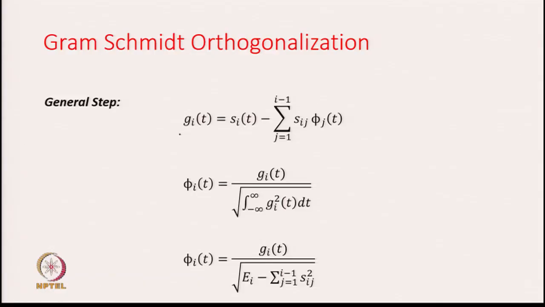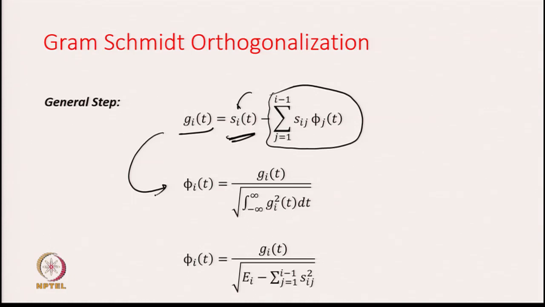You can first obtain a GIT. GIT is nothing but what you get when you subtract from the ith signal the projections of this ith signal on all previous basis functions. From this GIT you can obtain phi i t by taking GIT in the numerator and dividing it by the proper scaling factor, which is the square root of the energy of GIT.